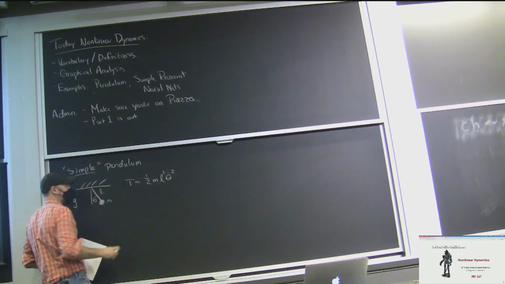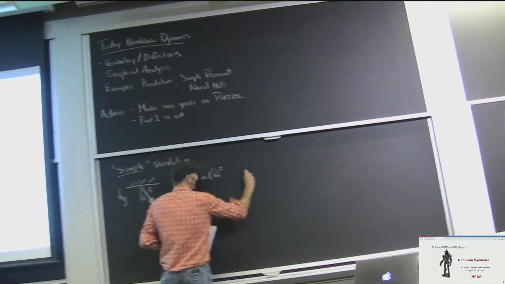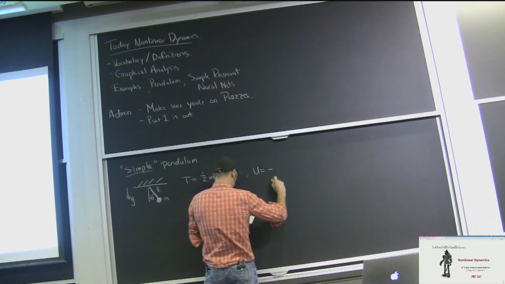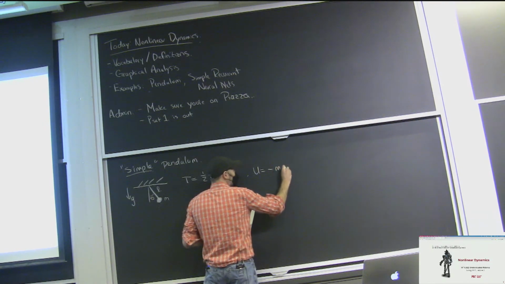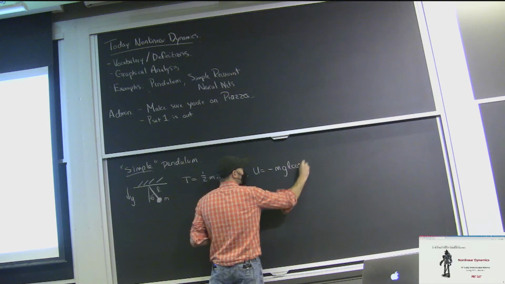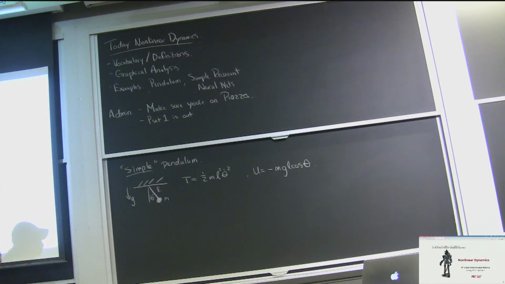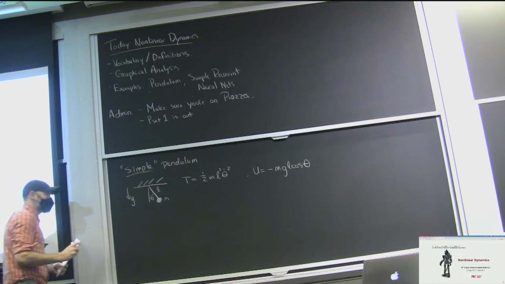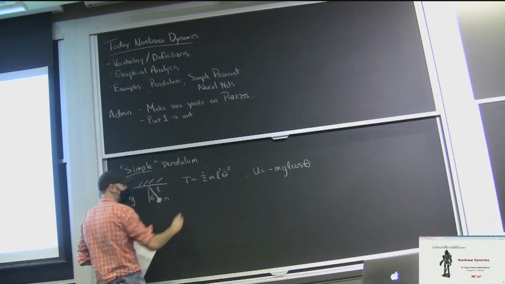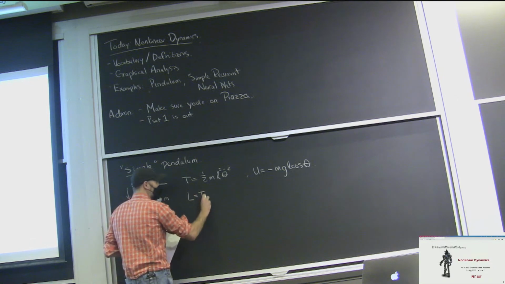The potential energy is going to be U equals negative mgL cos theta. And that's really all you need, plus a few derivatives, to put that into our standard Lagrangian toolbox.